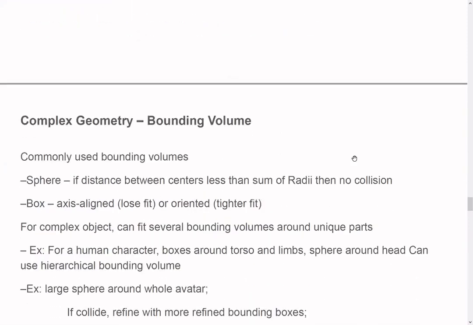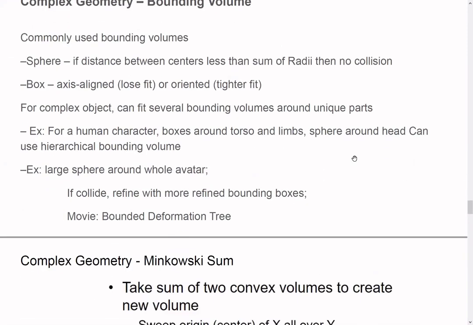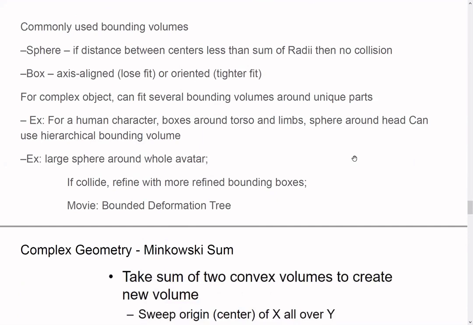The bounding volumes that we usually use are spheres, boxes, etc. For complex objects, we can fit several bounding volumes. For example, a human character: boxes around the torso and limbs, then spheres for the head, just like what we saw in the example that I showed. So if we have a complex object, then we can come up with several bounding boxes.